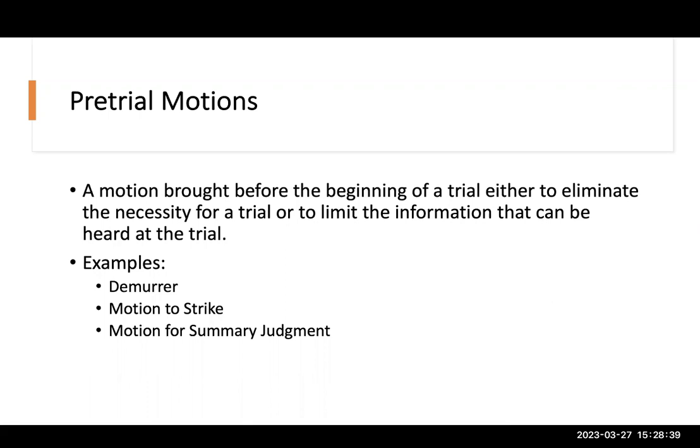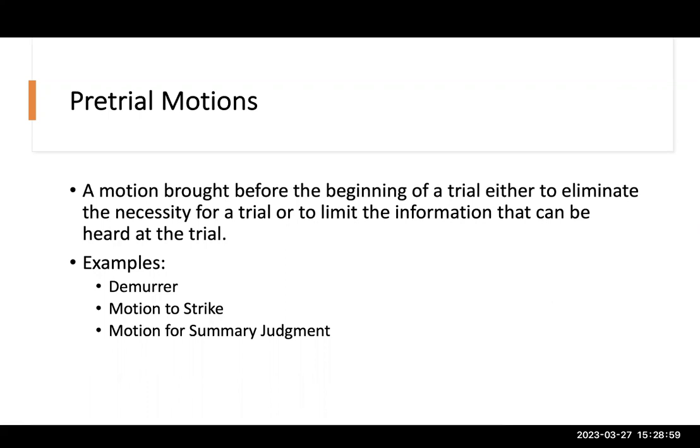So if the complaint, for instance, was for a breach of an oral contract in California, the statute of limitations on claims on oral contracts is 2 years. If the complaint said that the breach occurred 3 years ago, a demurrer would be proper.